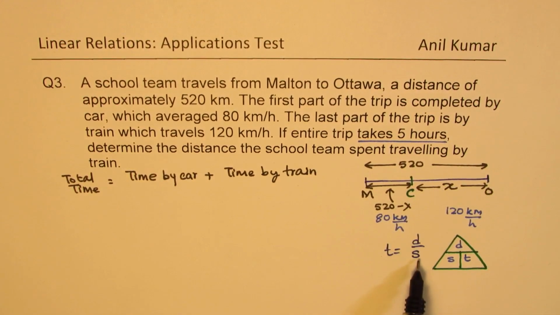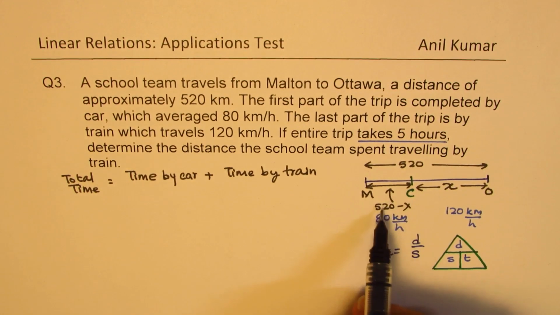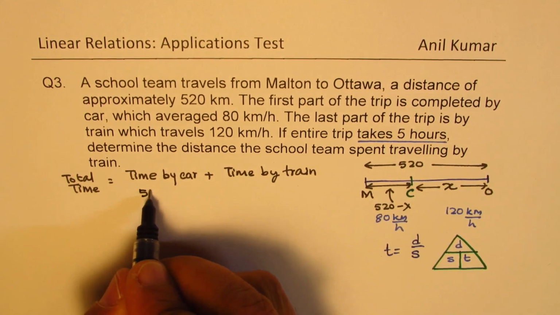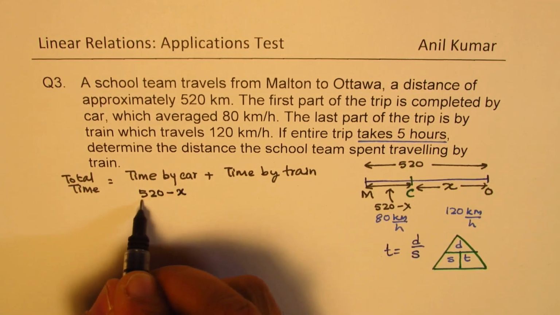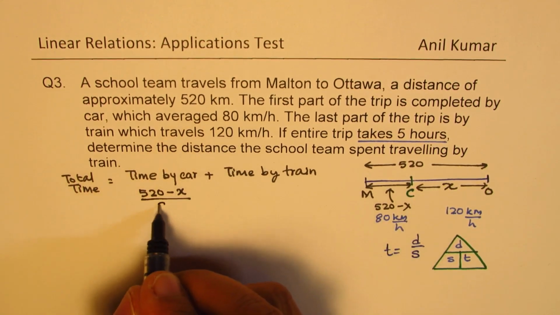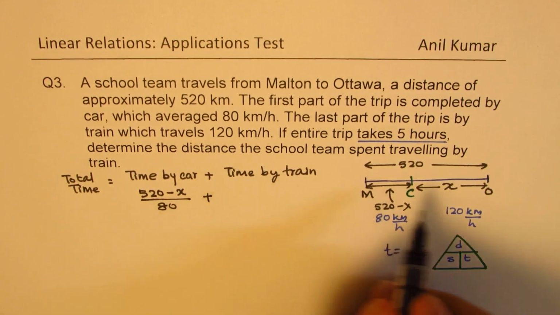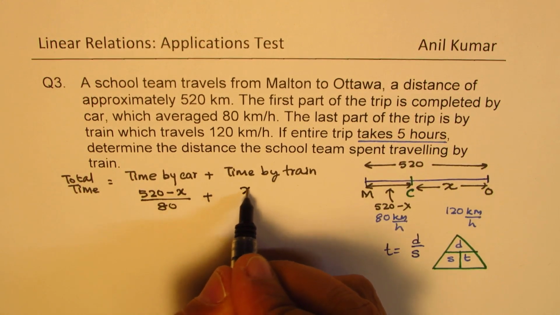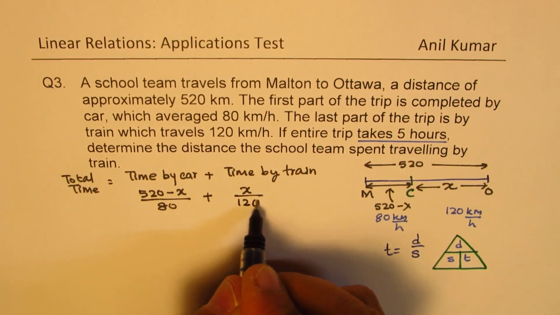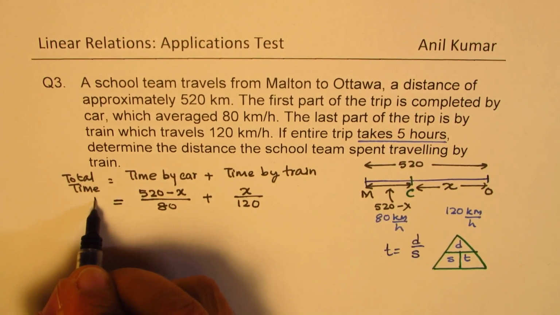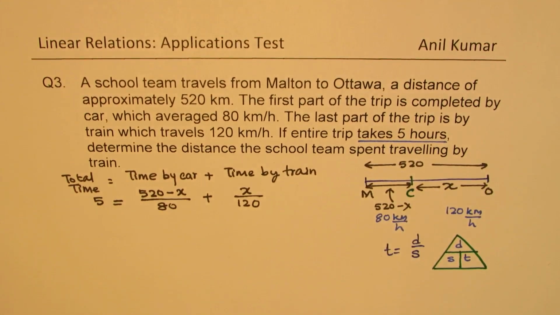Since time is distance over speed, by car we are traveling 520 minus x and the speed is 80. By train we are traveling x and the speed is 120, and this total time is 5 hours. So we got everything now in the form of an equation.